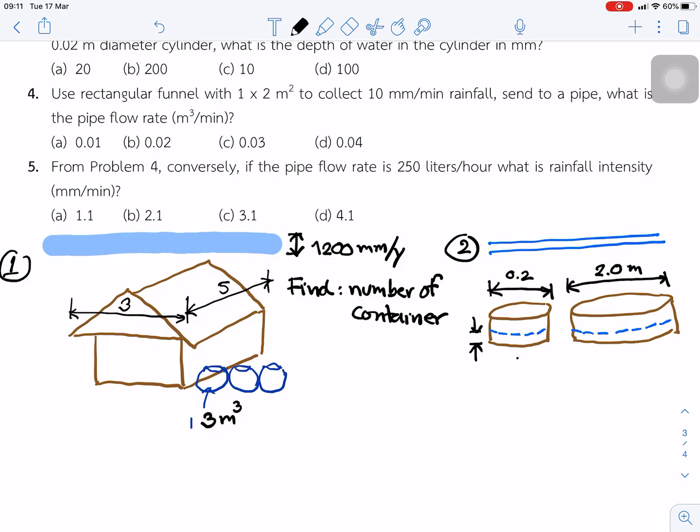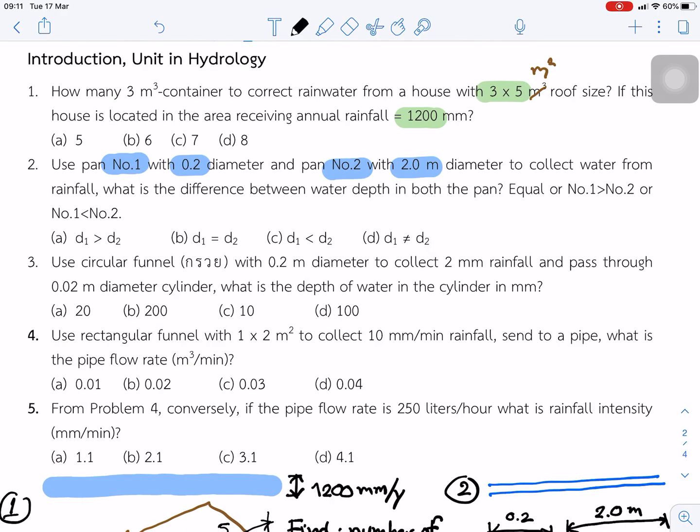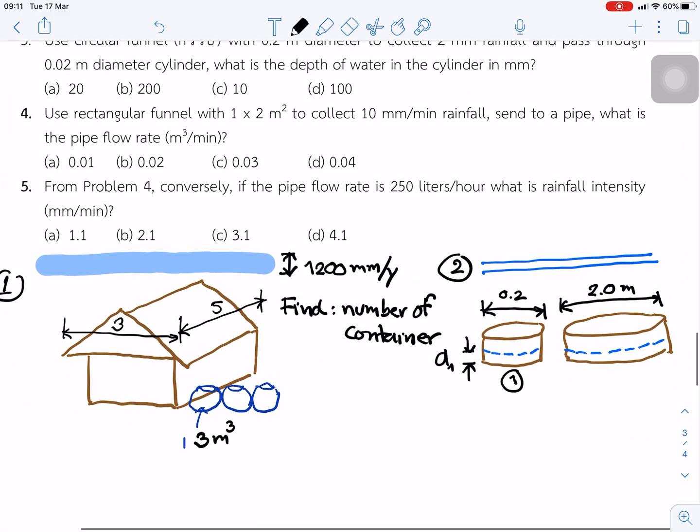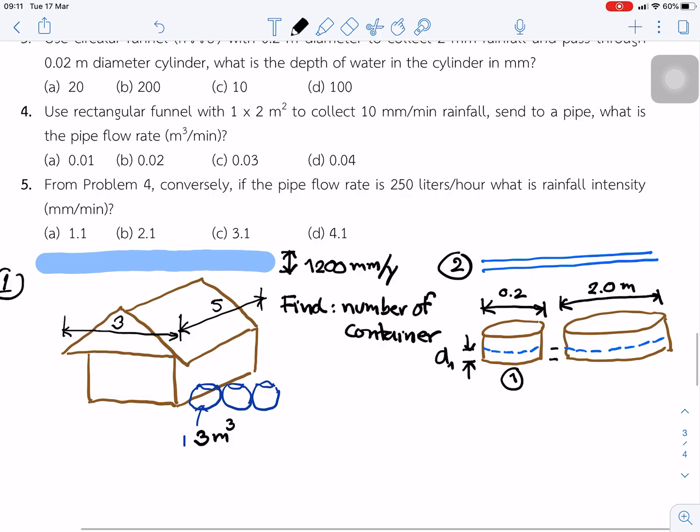This is pan number 1. So you can understand what the question is: is D1 equal to D2, or D1 greater than D2, or D2 greater than D1?